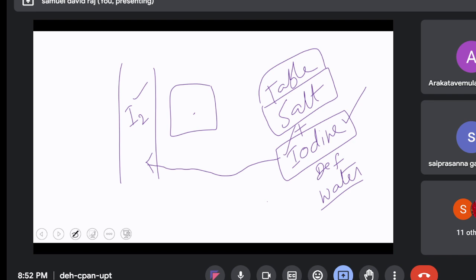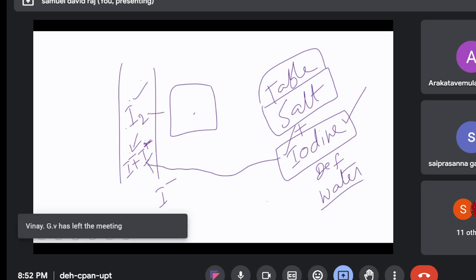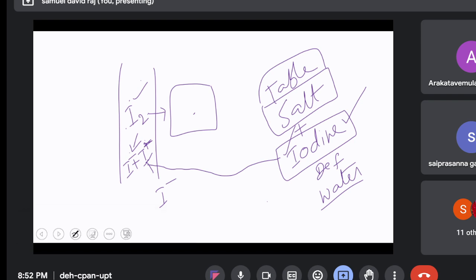Once it goes into the blood, iodine is ionized to form iodide ions. These iodide ions are transported through the blood to different parts of the body, and they also reach the thyroid follicular epithelial cells.